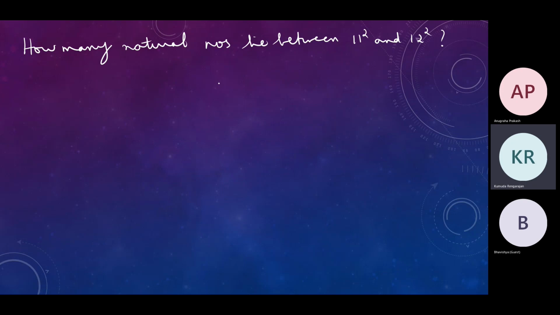Between 11 square and 12 square, let's count. Between meaning you should not write 121. Okay, let's take a smaller number. Let's say 2 square and 3 square. What is 2 square? 4. What is 3 square? 9. So 5, 6, 7, 8. How many? There are 4.